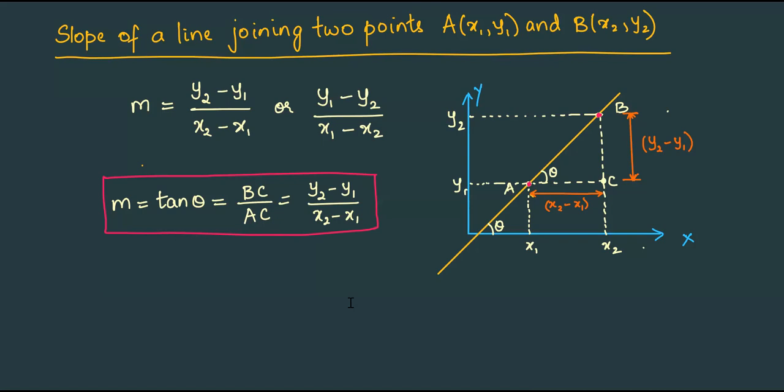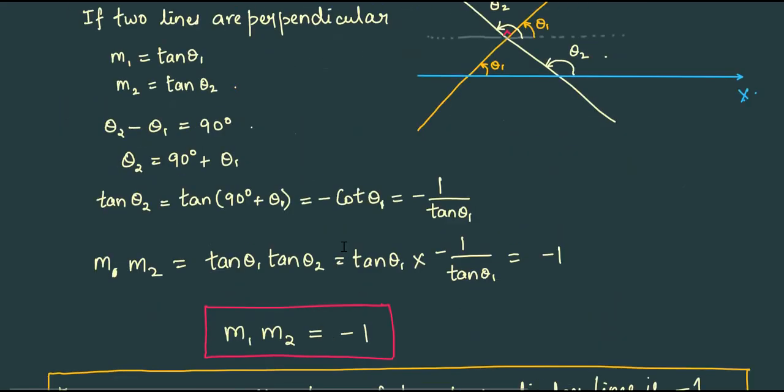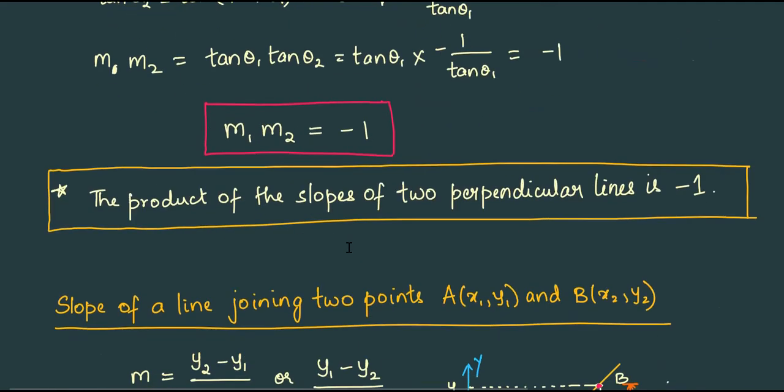So we discussed slope of line joining 2 points. Now let's... so if the two lines are perpendicular, product of the slopes is -1.